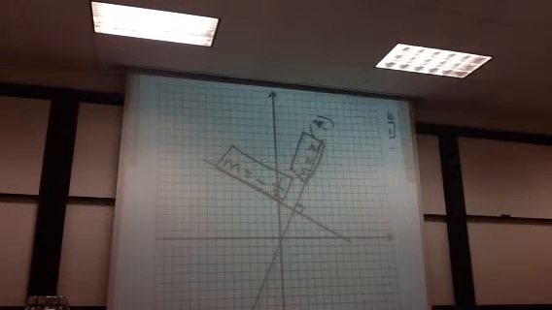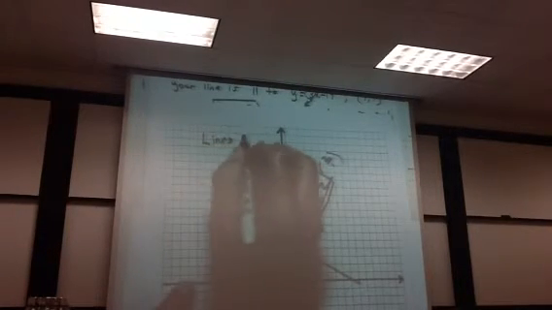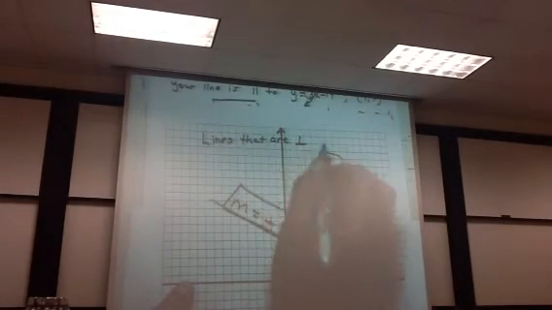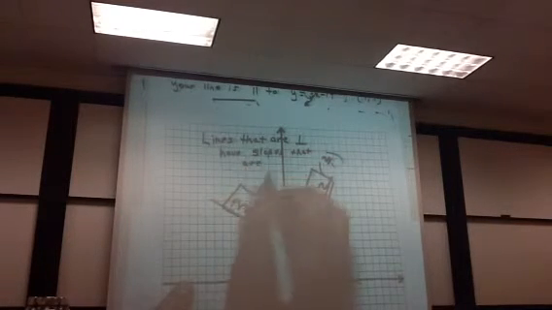So here's the observation we have just made. Lines that are perpendicular have slopes that are negative reciprocals.